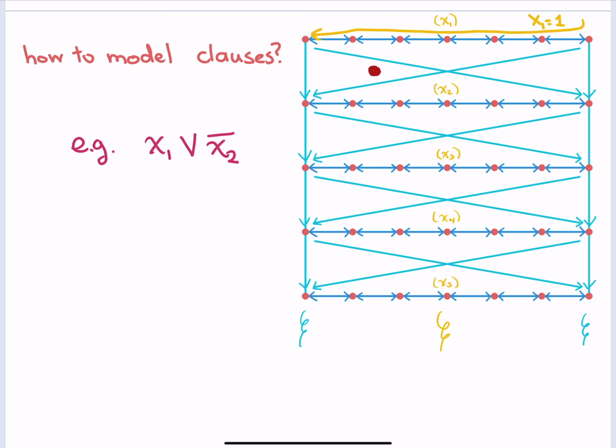Oh, okay. So you're saying in this particular one, I could have erased. Okay, so if I went x1 false, that means I would end up in the top right corner, right? And so I want to force x2 to be false, so I can erase this edge and force it.